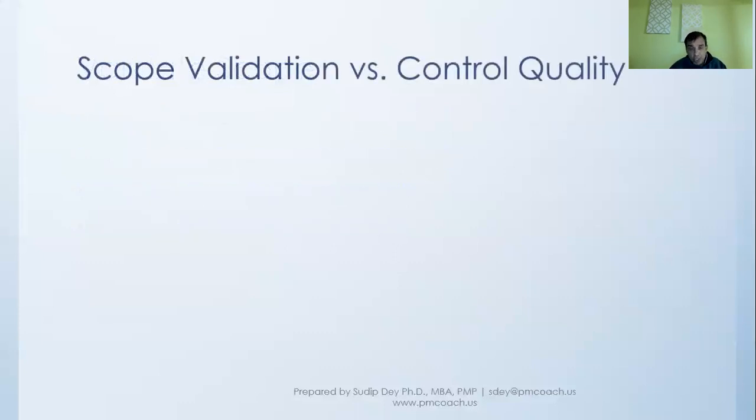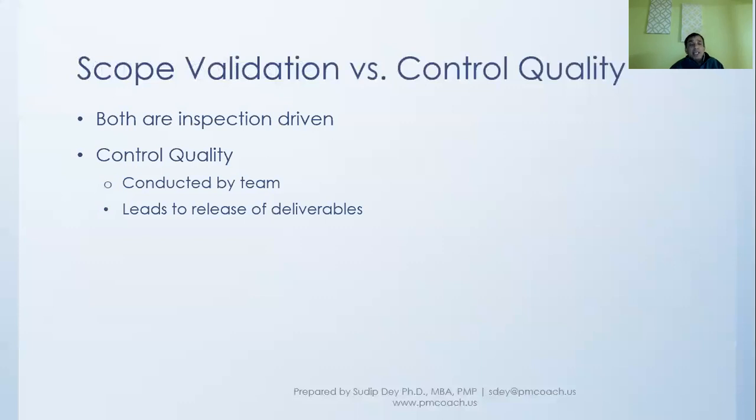Now, here are two processes we should remember are different, though they have a lot of similarity. Both are about inspection, validate scope as well as control quality. So both are inspection driven. Having said that, control quality, which we will touch upon in the quality knowledge area, is about inspection being conducted by the project team.